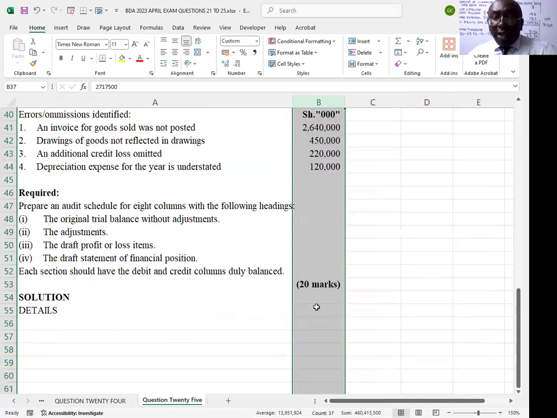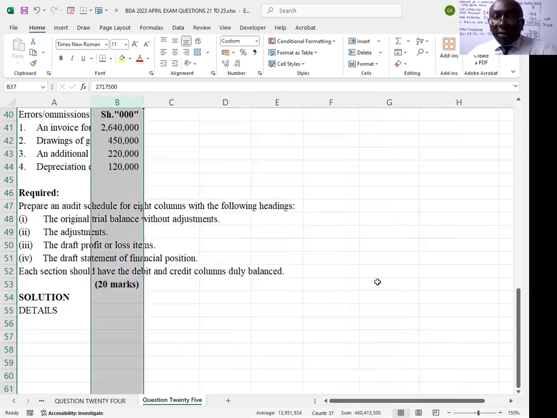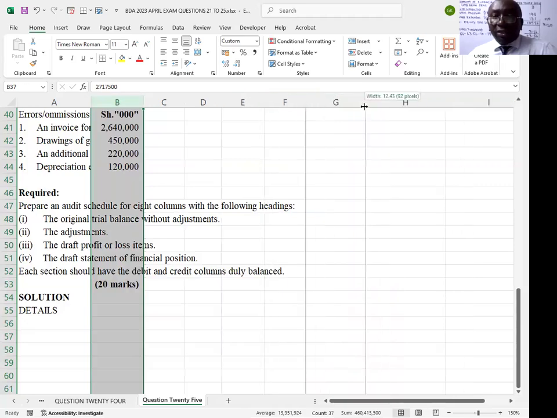Now I need 8 of these, so let me first reduce this, then reduce this. We need 8 of them. So let's do the adjustments quickly.